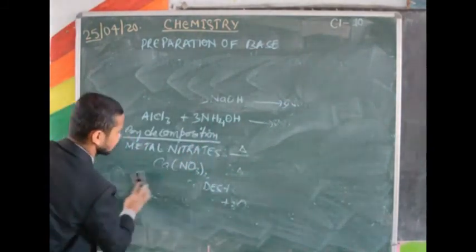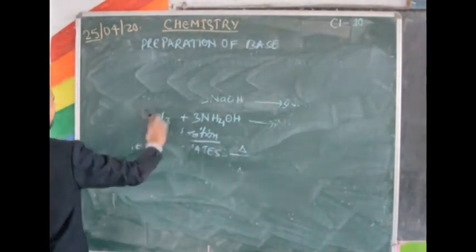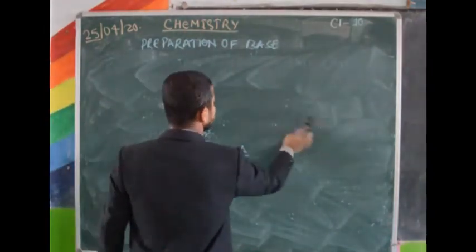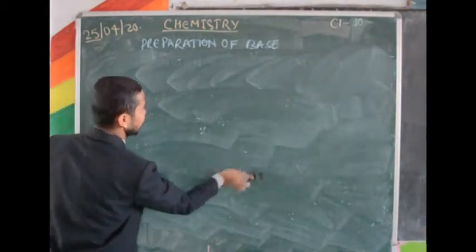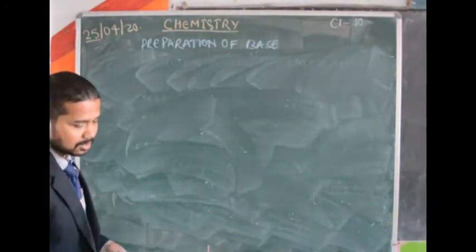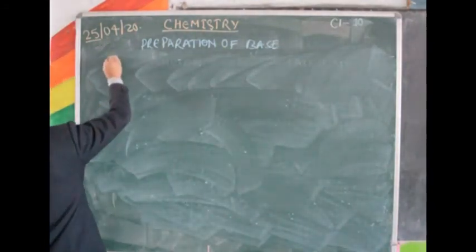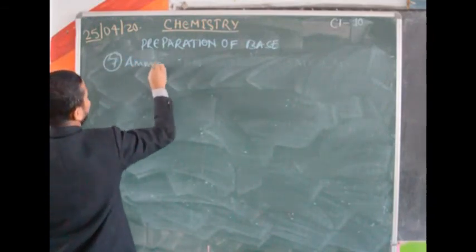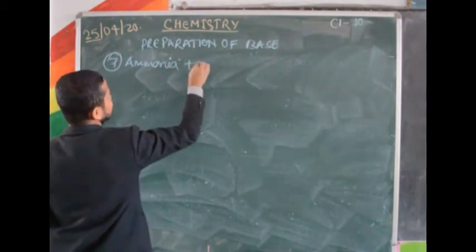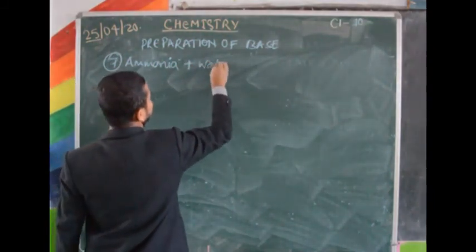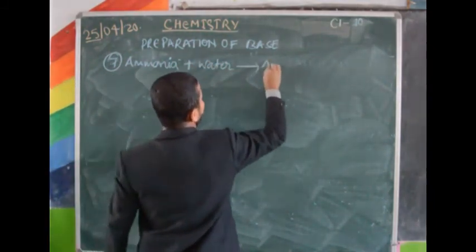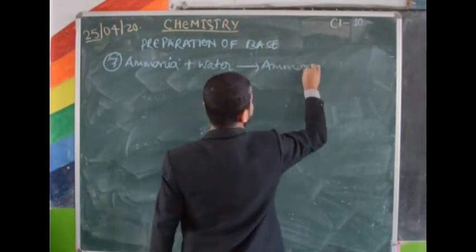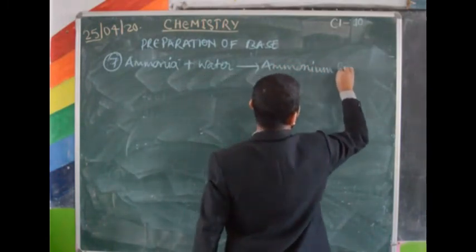So ammonia gas when dissolved in water can produce ammonium hydroxide. Number 7. Ammonia plus water gives ammonium hydroxide. So simply here we have to dissolve.